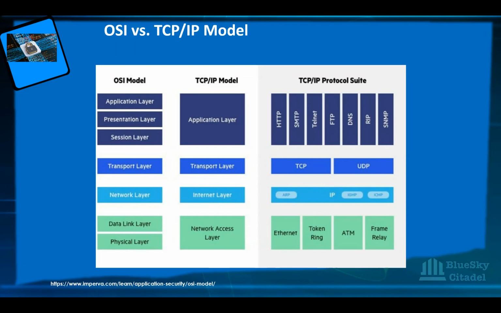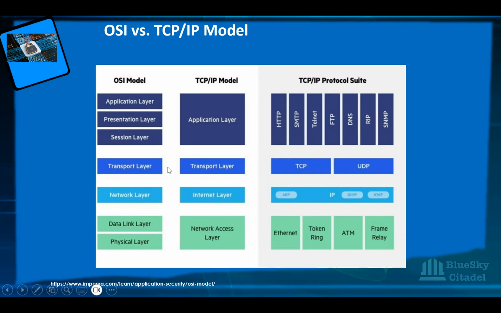You look at the OSI model, and the modern internet is based on the TCP/IP model. You can see that layer 1 and layer 2 fall within the network access layer of the TCP/IP model. Layer 3 falls within the internet layer.